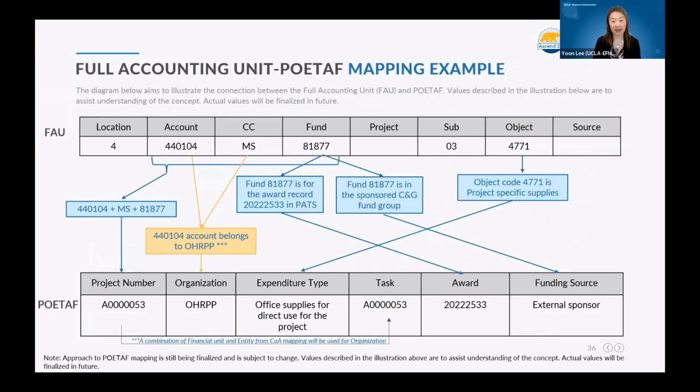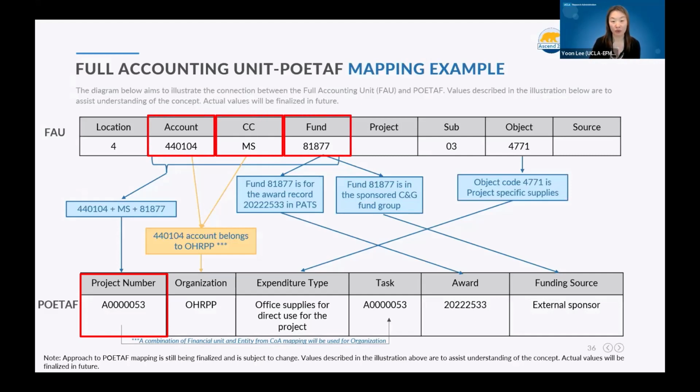This slide illustrates the relationship between the segments of the FAU and the segments of the POETAF, which was described in the just previous slide, but using a real-world example transaction here. As you can see, the project number in the POETAF will be derived from more than one segment in the FAU. In fact, actually 3 different segments there: account, cost center, and the fund.